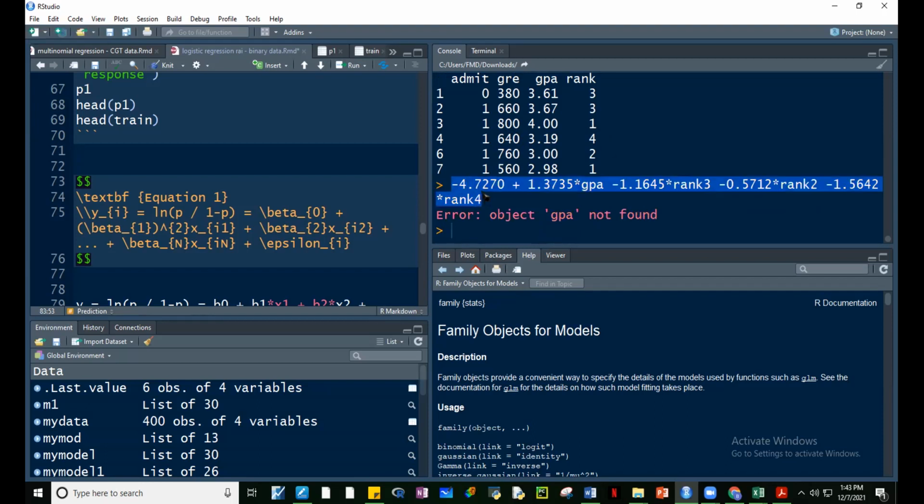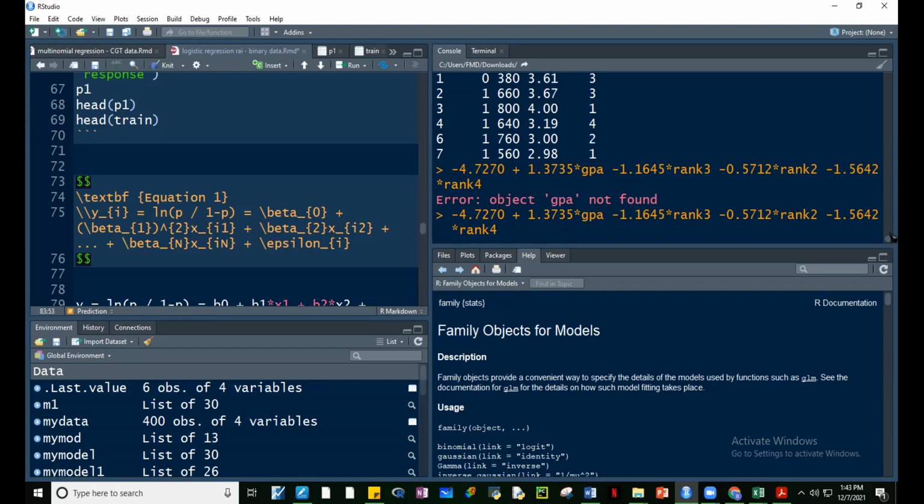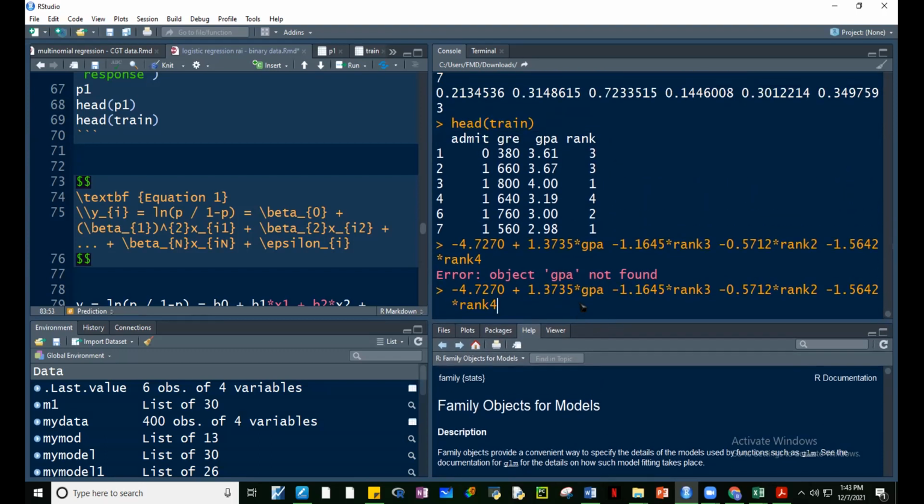Control C para ma-maintain natin yung initial equation natin. Okay. So GPA ni sample number 1 is 3.61. So I'm going to copy this 3.61, control C, and then replace my GPA here by 3.61. Sa-substitute lang natin.